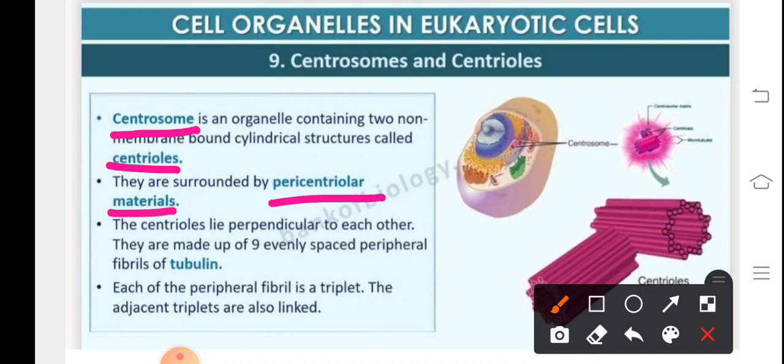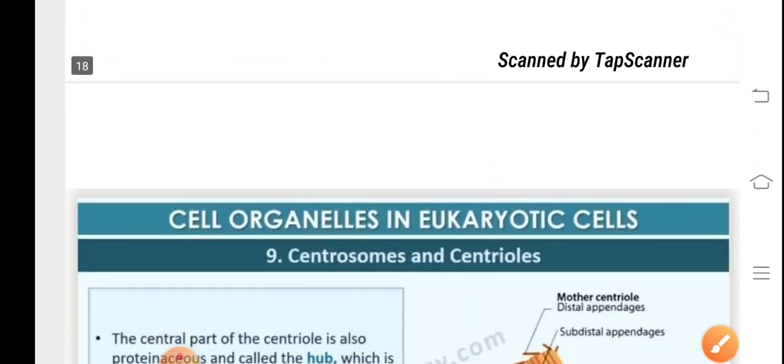The centrioles lie perpendicular to each other and they have the 9+0 arrangement. They are made up of peripheral fibrils of a protein referred to as tubulin. The peripheral fibrils exist in triplets.